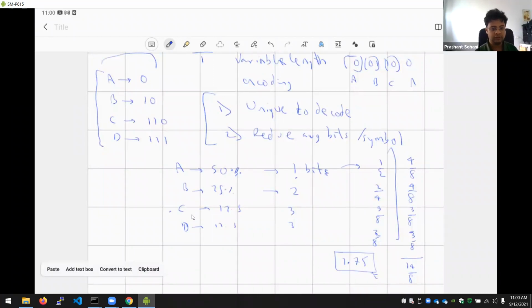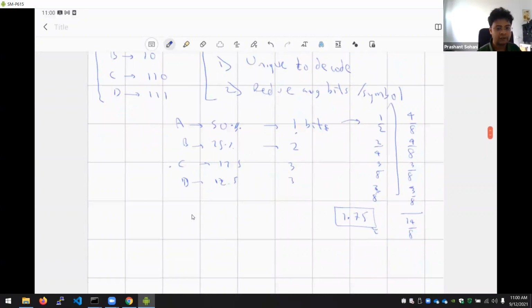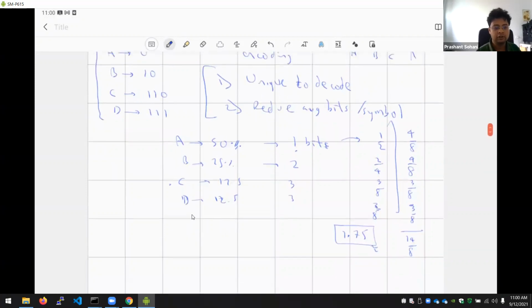Now this was the simplest example which I could give you. But applying the same idea in more complicated ways is what the zip file algorithm does. When it zips a document and unzips it, it goes through your data. It calculates the frequency of every letter. So it depends. Now here we used individual letters A, B, C, D. Zip may look at individual words, like in the English language, the word "the" will occur more frequently.